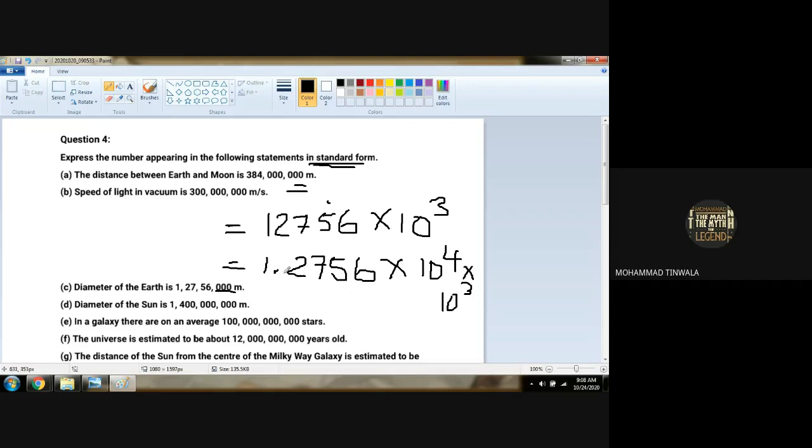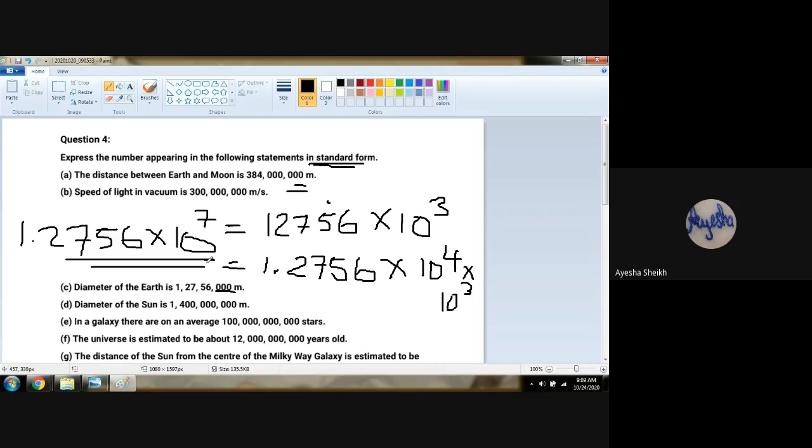Got it? 1.2756 multiplied by 10 raised to the power 7 is our answer. Any doubt with this? Sure? Okay.